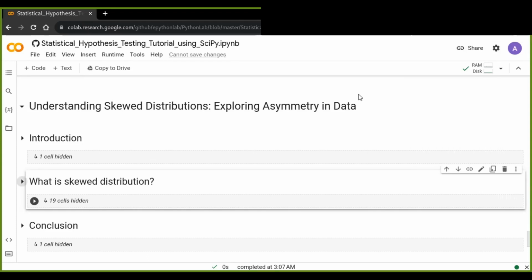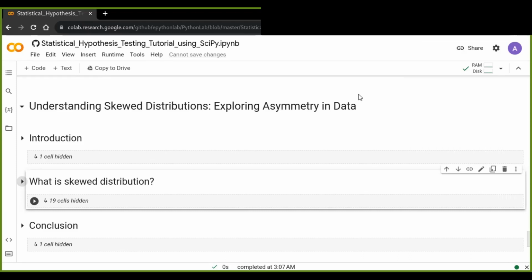Today, I will explore the fundamental concepts of the distributions of data, which is the skewness of data distributions. So data analysis often involves examining the distributions of data points, and one crucial aspect to consider is the skewness.